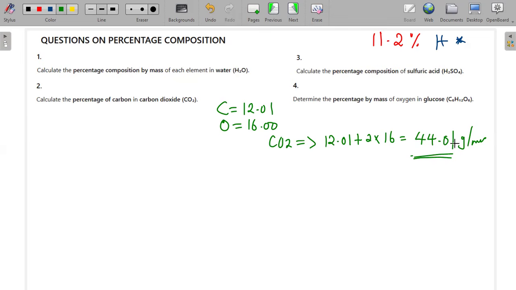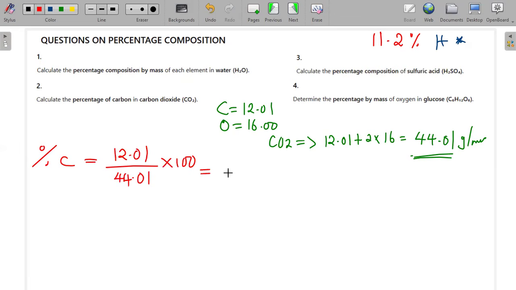If you want, you can memorize it so that you don't always have to do this. All right, so let's find the percent composition of the carbon in carbon dioxide. It is just 12.01 divided by the mass of the whole, which is 44.01.